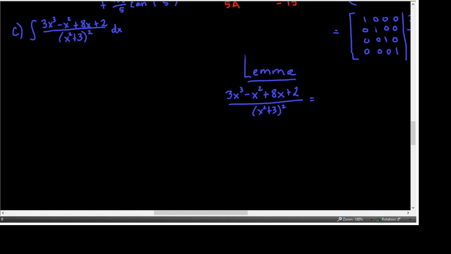So we're going to have x squared plus 3, which is a quadratic factor, which means we have to have a one less power numerator. So if it's x squared, the numerator is going to have linear x to the first, so that we would call this ax plus b.